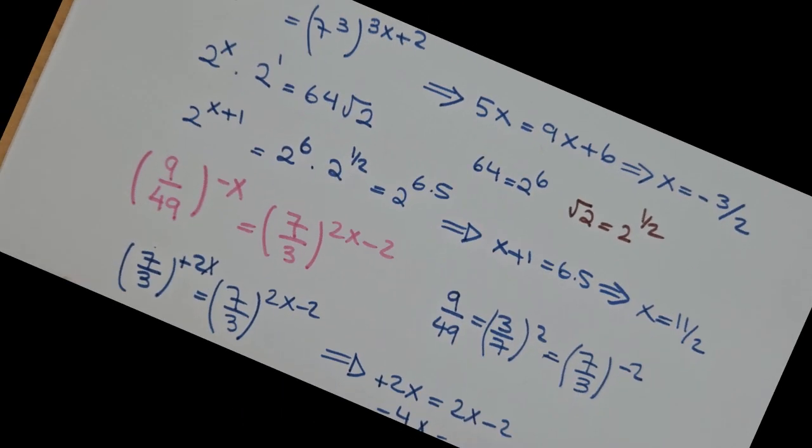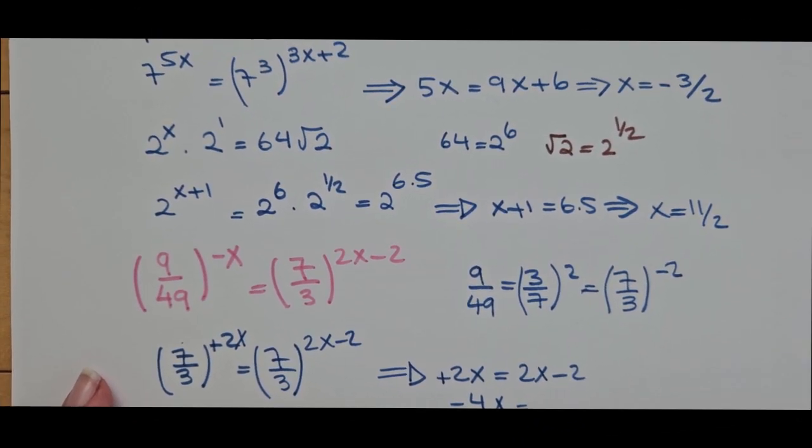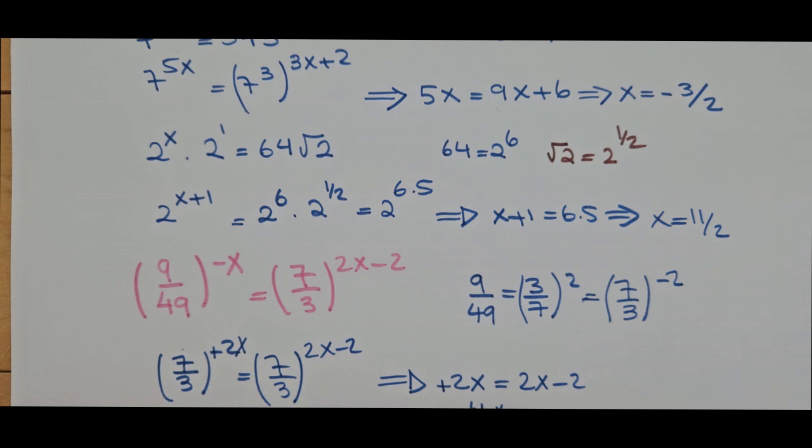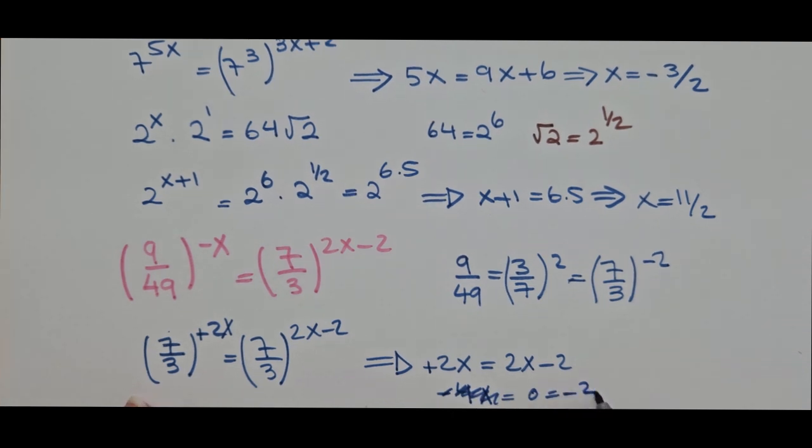Okay, now let's solve this one. Here we had negative x from before, so negative 2 times negative x would be plus 2x. So now we can equate the two powers. 2x equals 2x minus 2, which, if I move it to this part, would be 0 equal to negative 2, which is not possible.